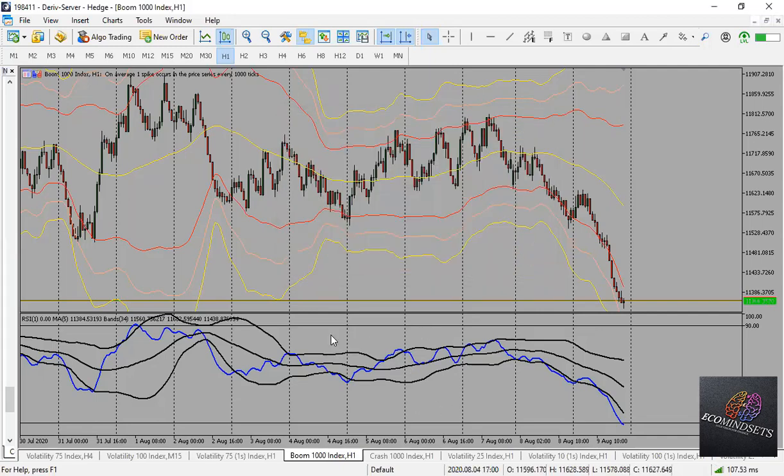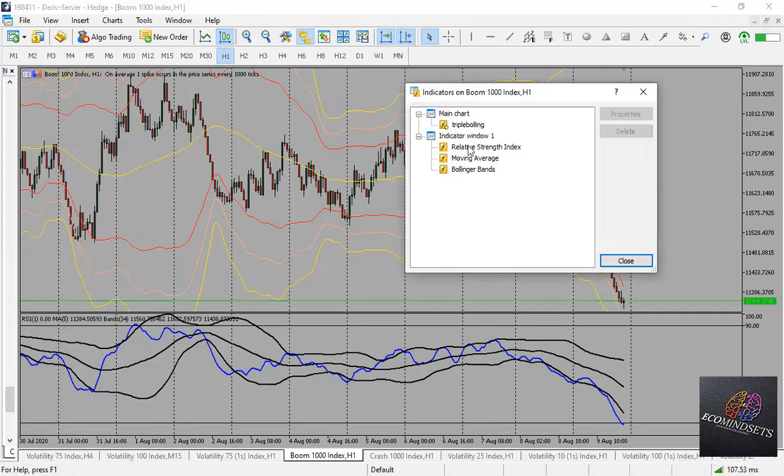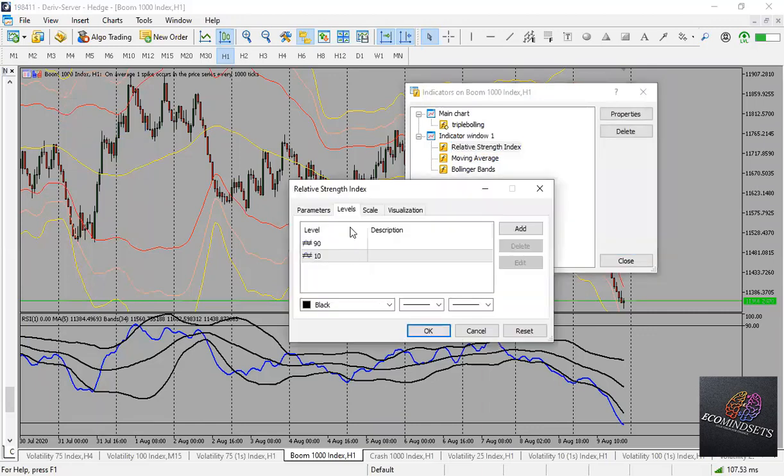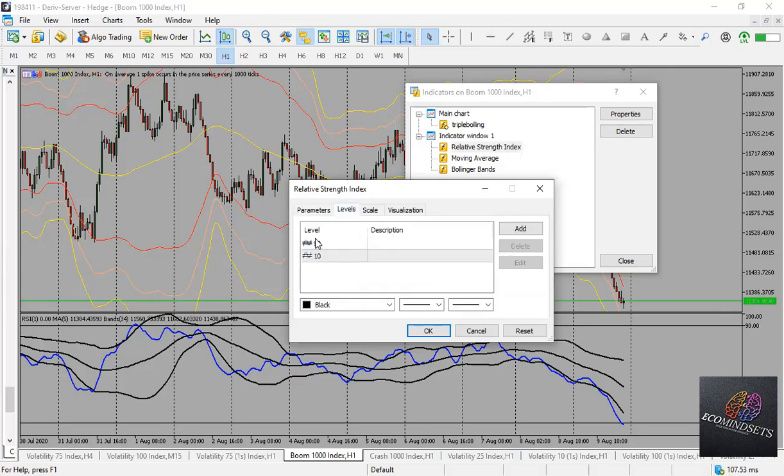The RSI is period 1, apply to close. If you are using phone, your color should be the background of your MetaTrader, because we don't need the RSI. We are only going to need the levels of the RSI. That is level 90 and level 10. That is all.